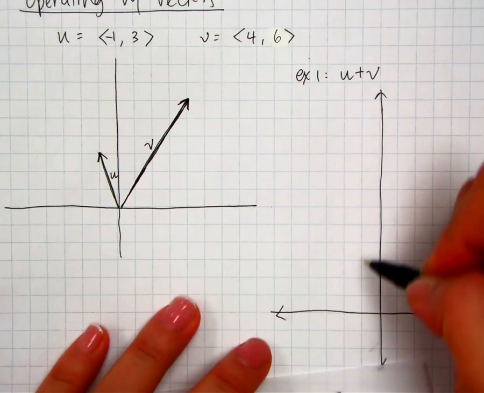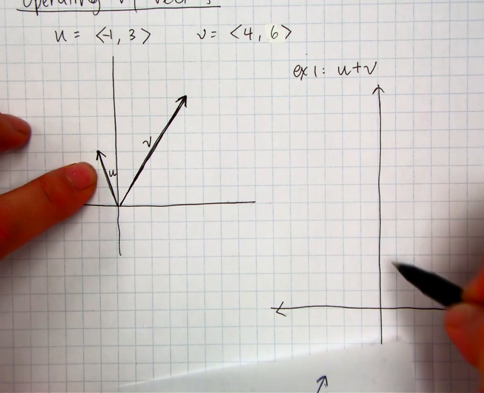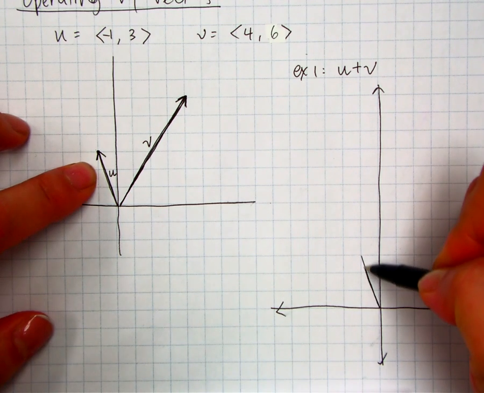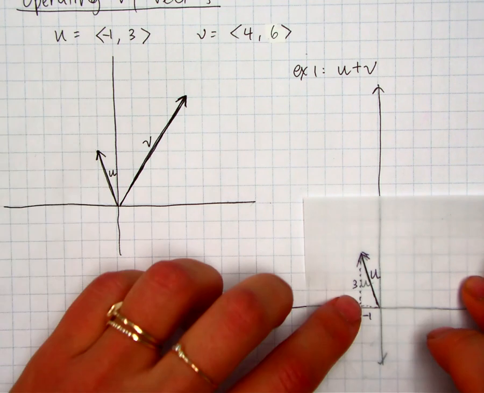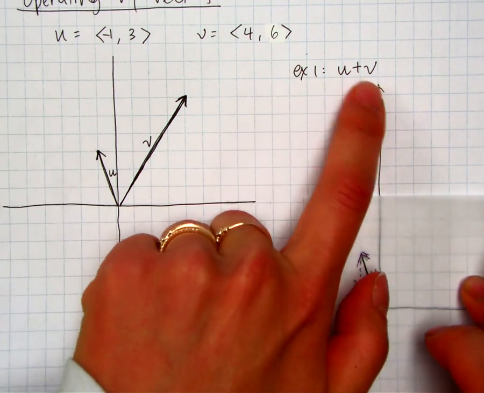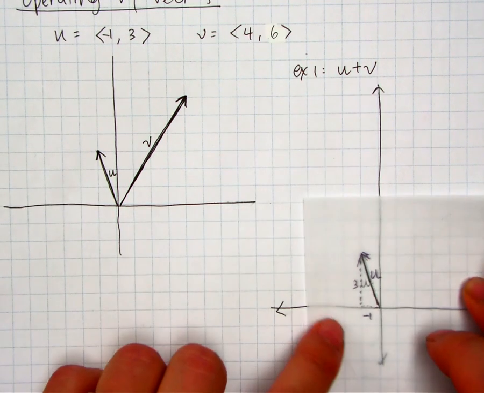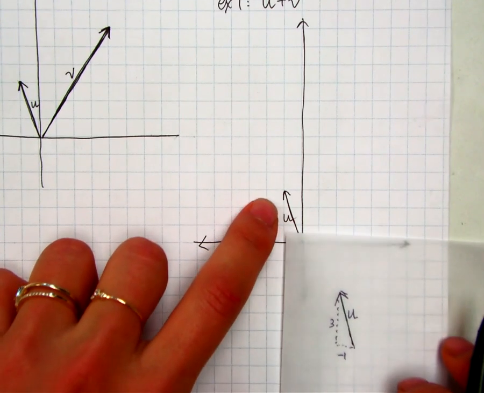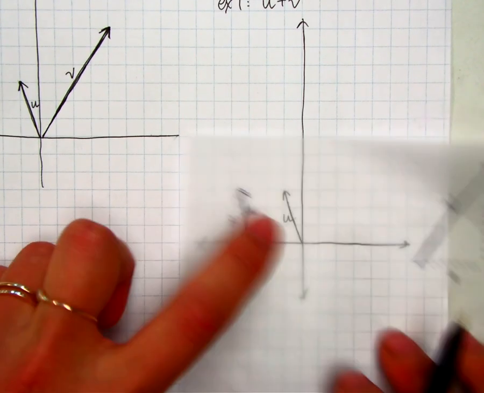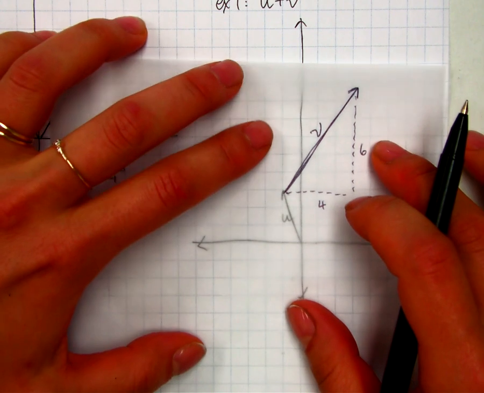So I'm going to start with u, which is the original one from the origin. This u here. If I want to add the vector v to this, I basically put the head of this vector to the tail of this vector.